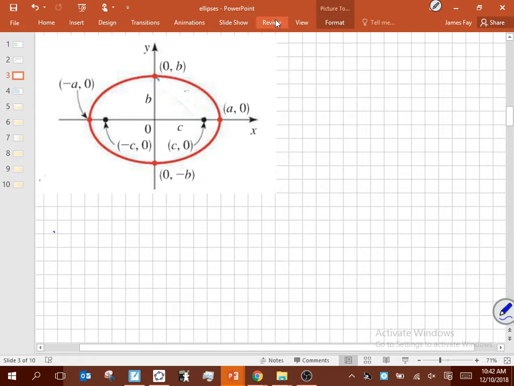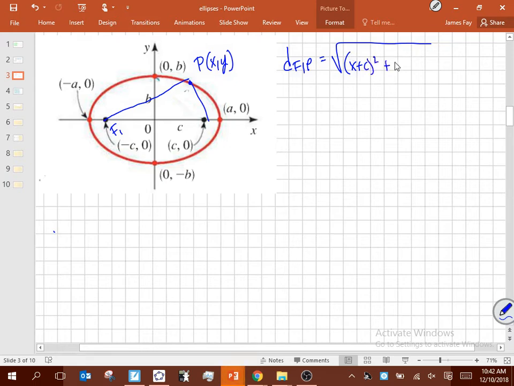The next thing we do, so we know that the sum should be 2A, is we put a point P anywhere on here, x comma y, and we're going to find what that arbitrary distance is. So we use the distance formula. The distance for F1 to P would be x minus negative C, so it becomes x plus C squared, and then y minus 0 squared.